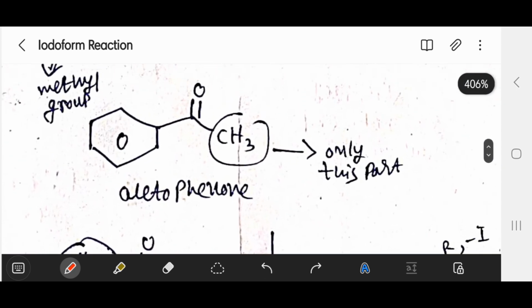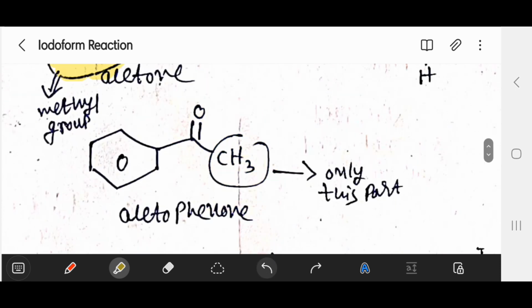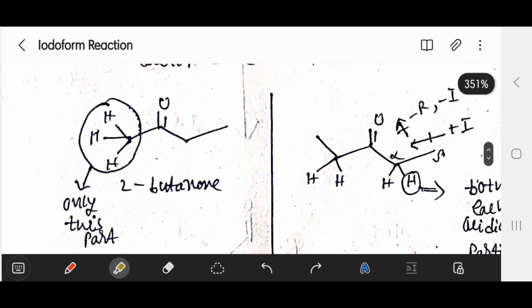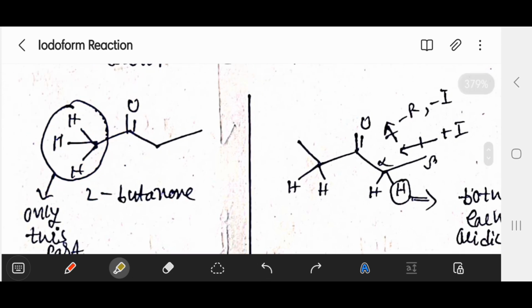Another example is acetophenone. Only this part participates in this reaction, and the benzene ring is inert. And 2-butanone, for 2-butanone only this part will participate in the haloform reaction.